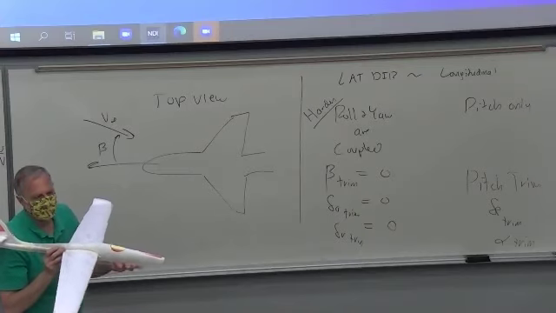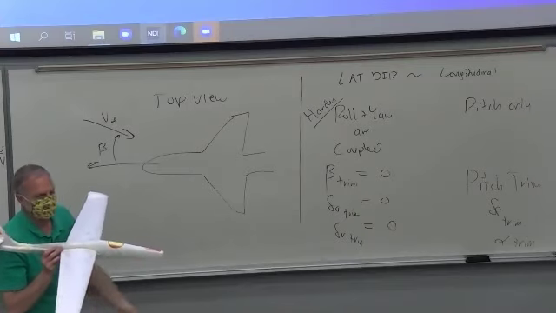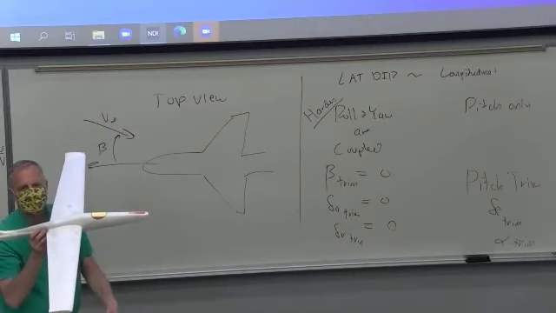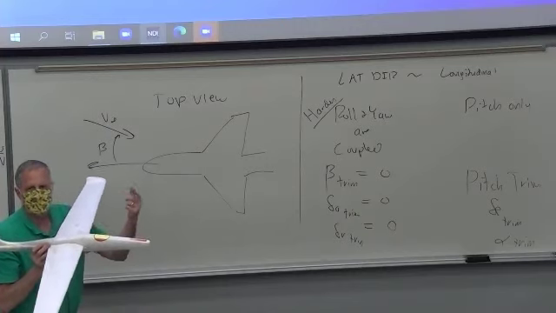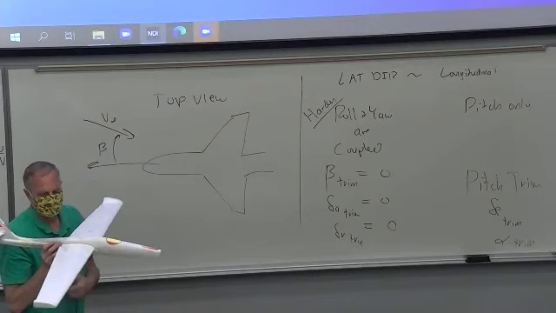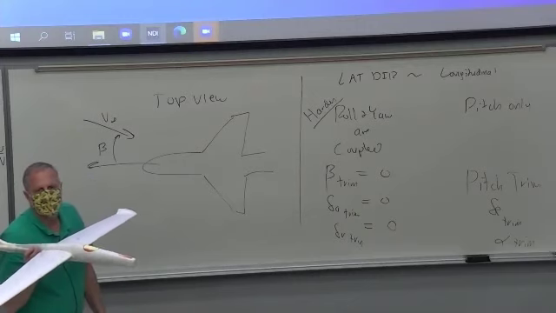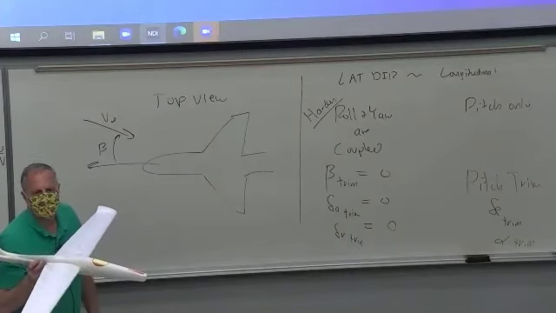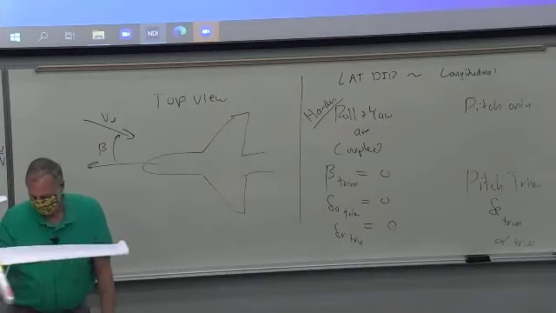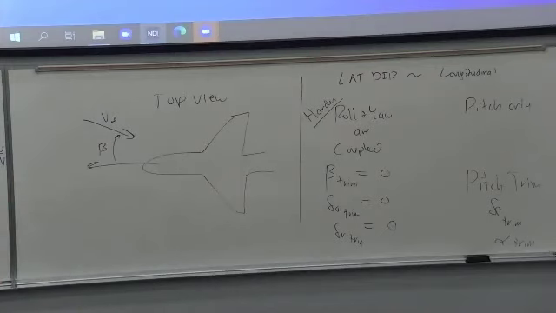So that's the only reason we need pitch trim, is because we have to have unsymmetrical airflow to get the lift because there's weight. So if we're in outer space with our airplane, there is no pitch trim. Of course, there's no air either, right? So we'll spend time talking more about the stability on the lateral directional side, because the trim problem is not that big of a deal.